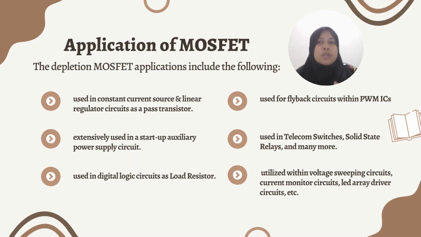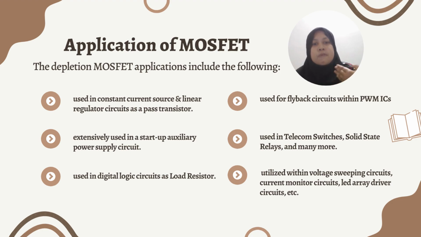So we will proceed with the last but not least topic, applications of MOSFET. The depletion MOSFET applications include the following. First, used in constant current source and linear regulator circuits as a pass resistor. Second, extensively used in startup auxiliary power supply circuits. Third, used in digital logic circuits as a load resistor.